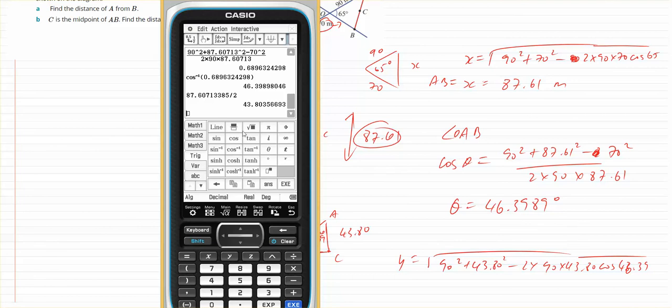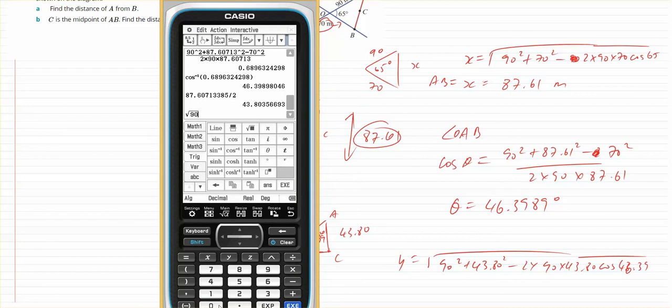So we go 90 squared plus 43.80 squared minus 2 times 90 times 43.80 cos of 46.39.